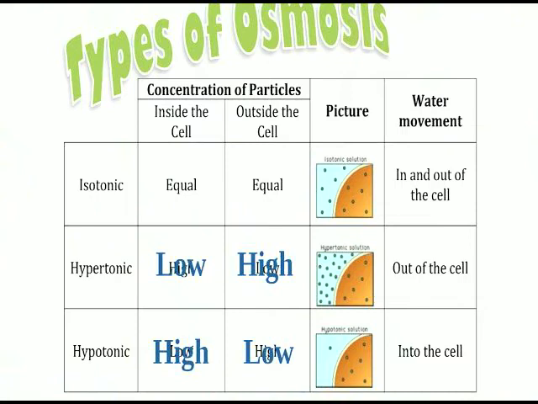So if these green dots are salt, then you have a very salty solution that the cell is sitting in, and the cell is going to want to dilute the saltiness of the area around it, and so it's going to move water out of the cell to dilute the saltiness. And if you move water out of the cell, it's going to cause the cell to contract, and if it shrinks too much, the cell can die. So hypertonic solutions can be very dangerous for cells.